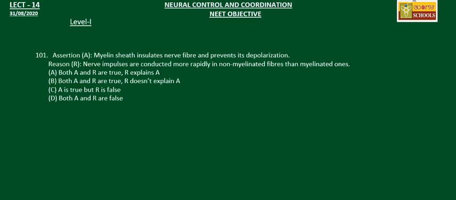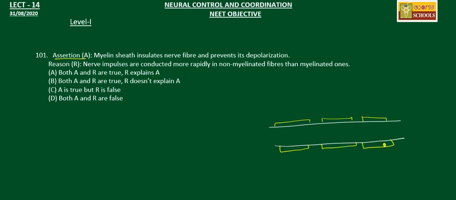The next question, assertion and reason. So we'll see here the assertion: myelin sheath insulates the nerve fiber and prevents its depolarization. Let's see, we know the axon is covered by Schwann cells.